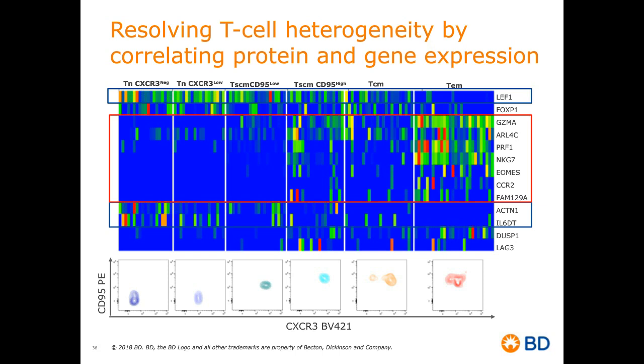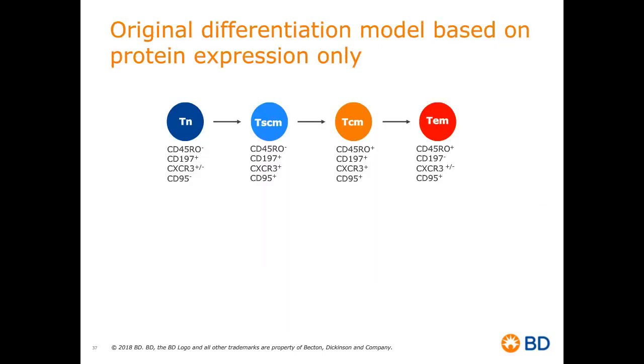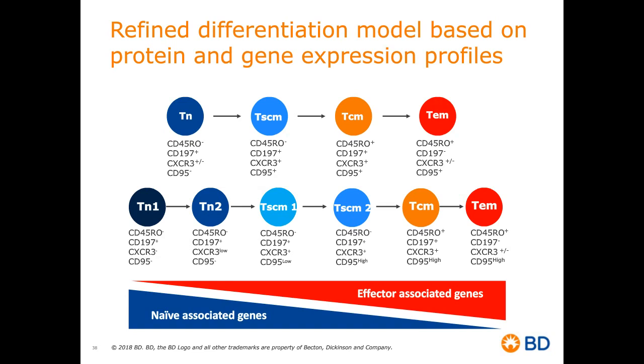So to summarize our observation, we started from a differentiation model based on protein expression only. But now, through the additional information that we've gained from the integration of protein and gene expression analysis mediated by index sorting, we have gained more information about different levels of protein expression correlated with different gene expression profiles.